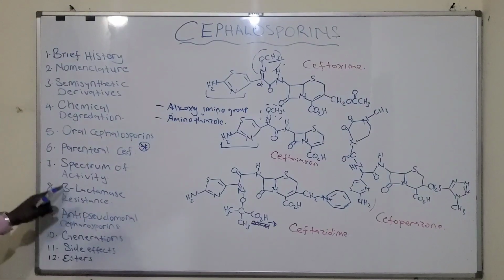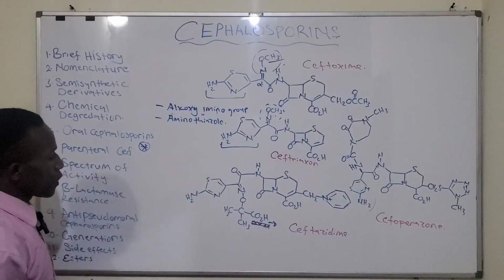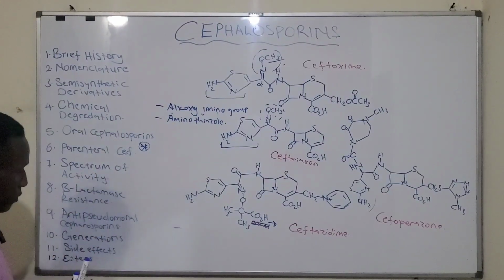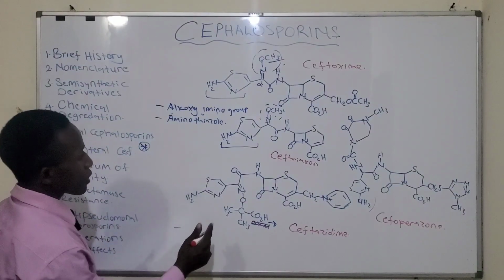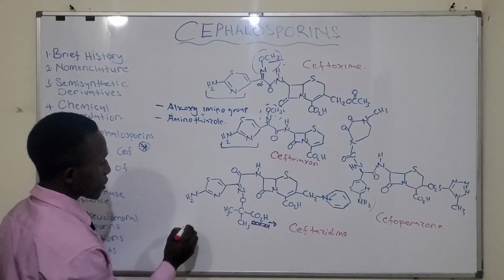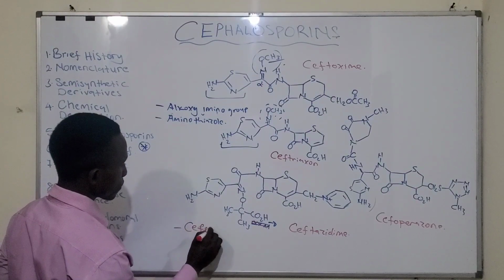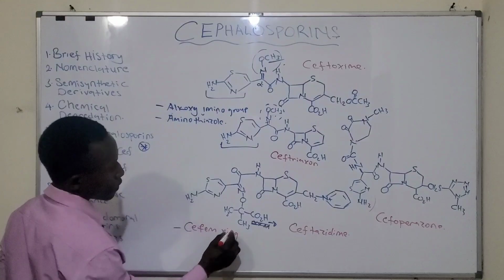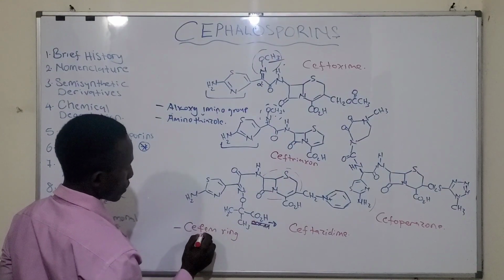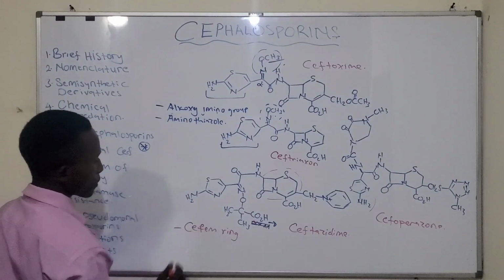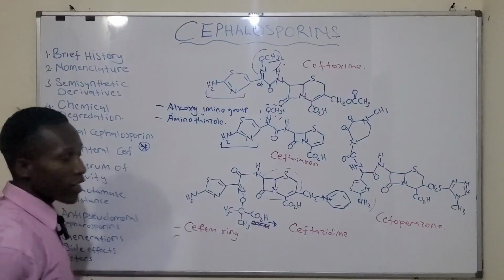Now, for beta-lactamase resistance, I'd skipped it. To be beta-lactamase resistant, these cephalosporins, one, the ring itself is not that strained. The cephem ring, this ring, all of it is called the cephem ring. There is a double bond there. It's not strained as in penicillin.